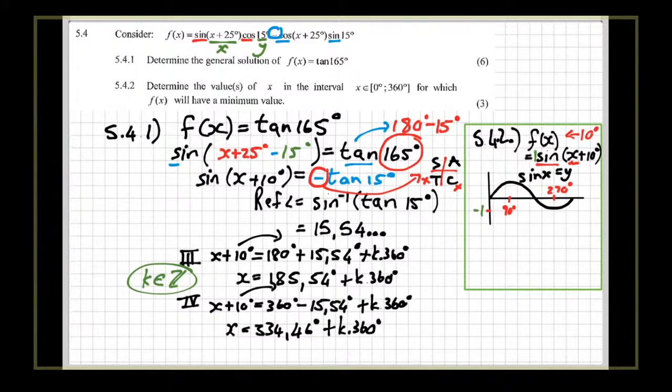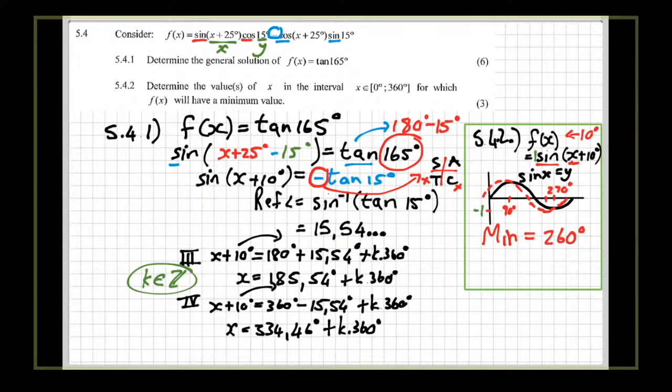Now, if I move it 10 degrees left, I'm going to take the whole graph and just shift it 10 degrees left. So now my minimum also shifts 10 degrees left. So my minimum is going to be at 260 degrees. And what is the minimum value? -1. I hope everyone's all right with that.